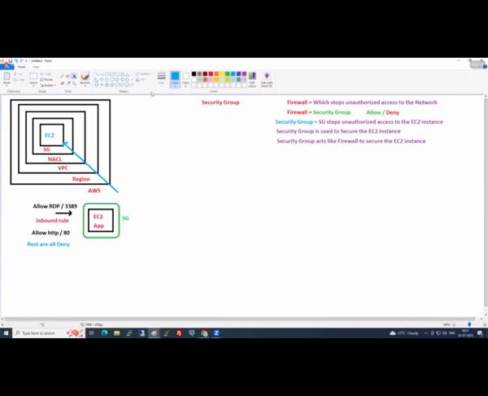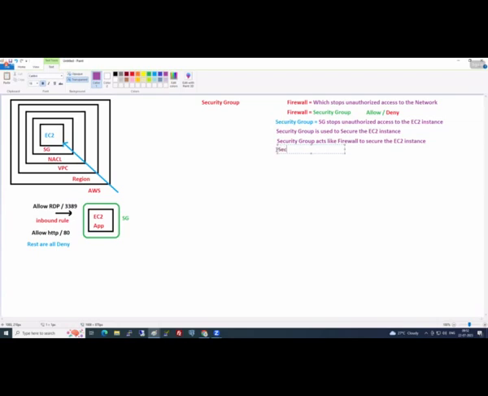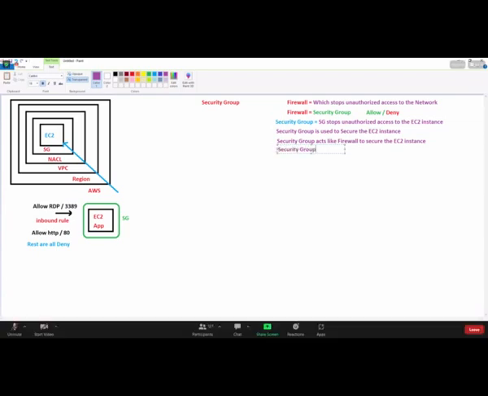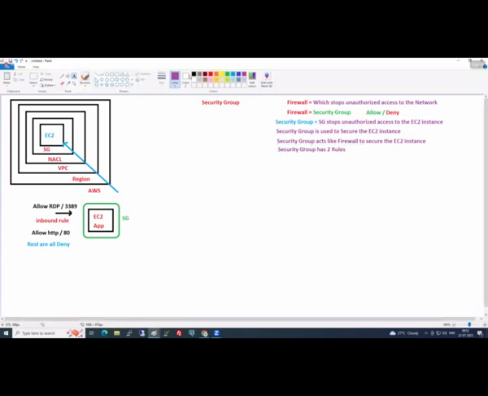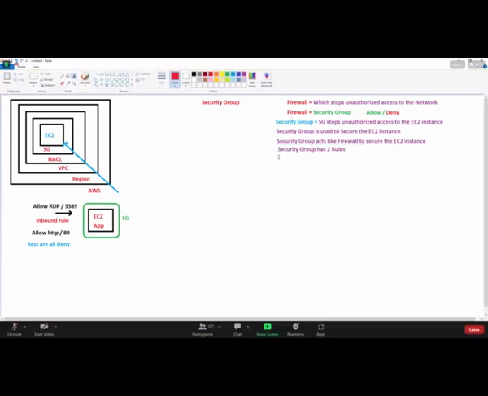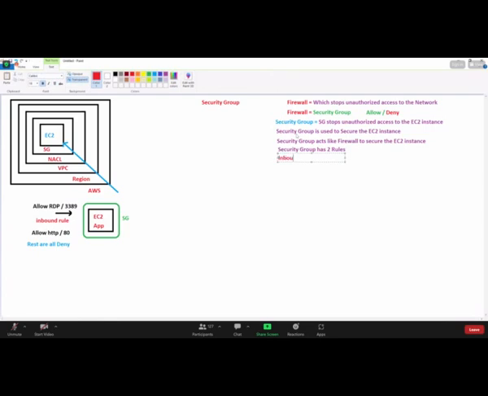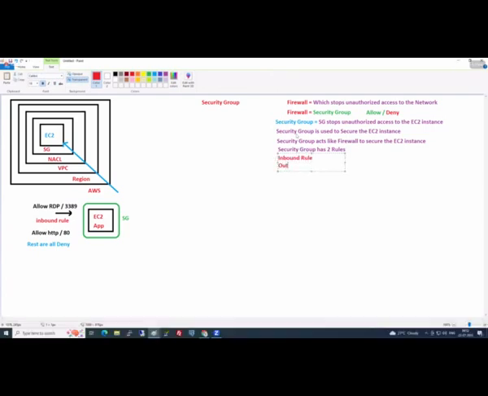Nice. So security groups have two types of rules. I'll write this. Security group has two rules: inbound rule and outbound rule. So what is inbound rule?